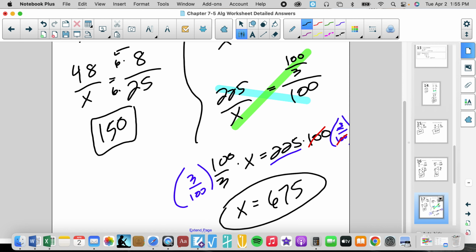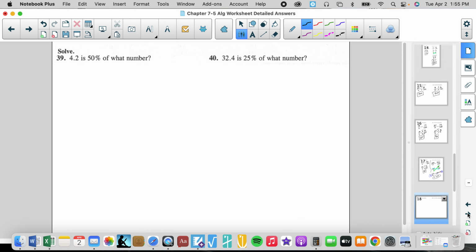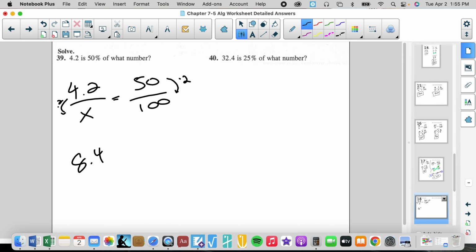So, no calculator still. So 4.2 is over of equals percent over 100. Well, look, watch this. This is times 2, so this is times 2. We can have that proportion going that way also. So it's 8.4. Don't know if you knew that one. Yeah, that works.